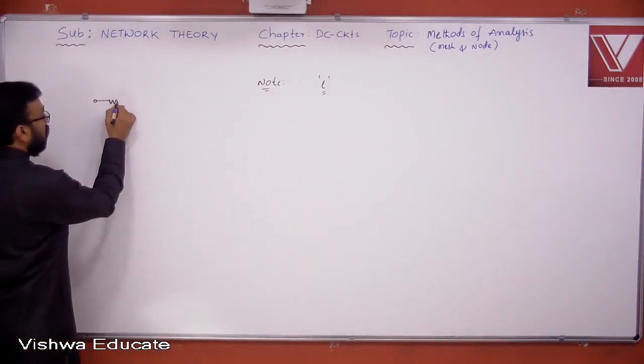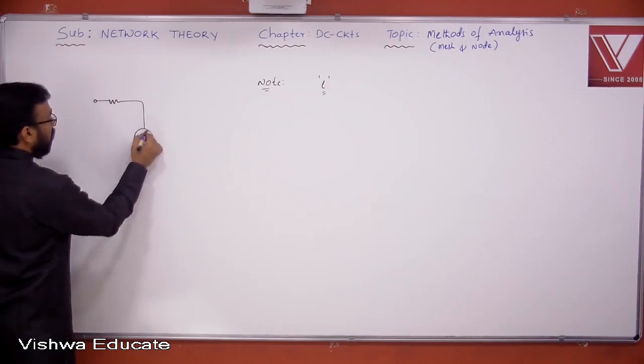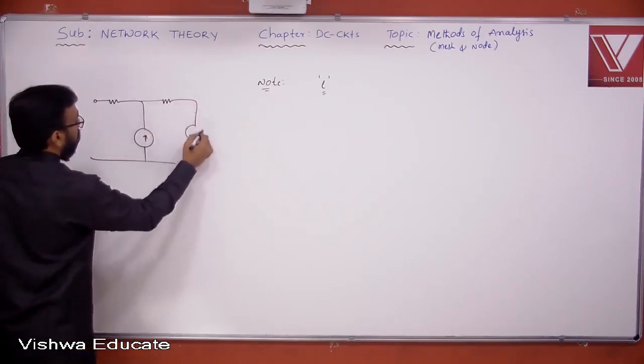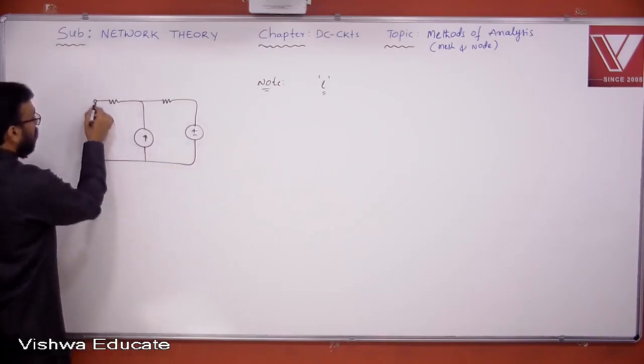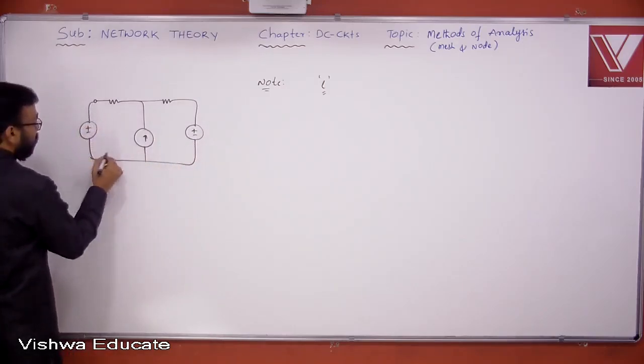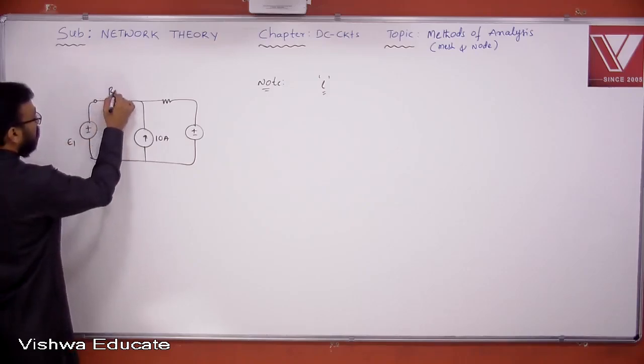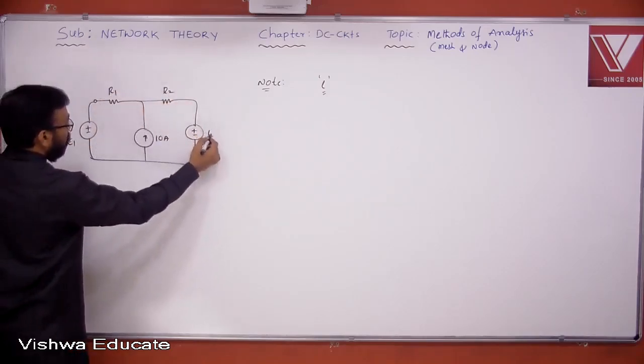But this condition fails. If I draw the network once again here, what we have seen in the last session, there was a current source, right? Suppose it is 10 ampere, and E1, R1, R2 are all known values here.